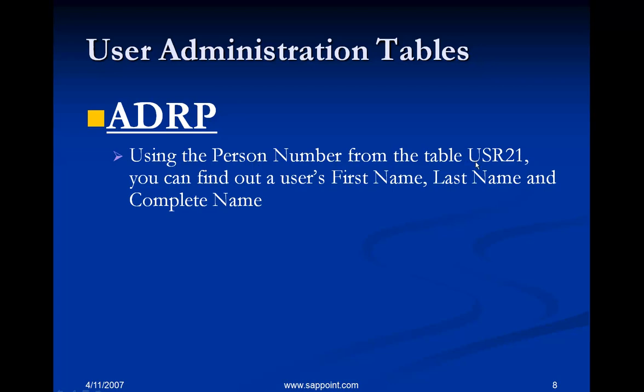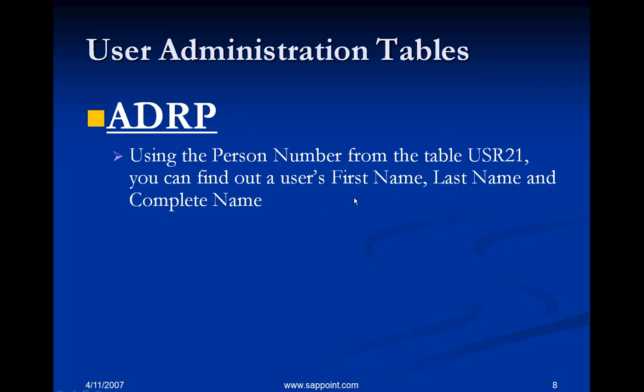And where do you get the person number from? You get it from USR21. So you have the user ID in USR21, and using that user ID, you pick up the person number, then come to ADRP and pick up the first name and last name of that particular user ID.